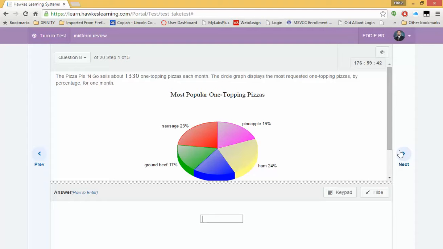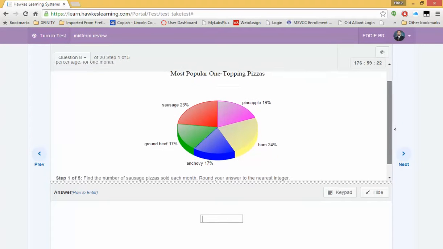The Pizza Pie and Go sells about 1,330 one-topping pizzas each month. The circle graph displays the most requested one-topping pizzas by percentage for 1 month. Alright, I need to scroll down here.